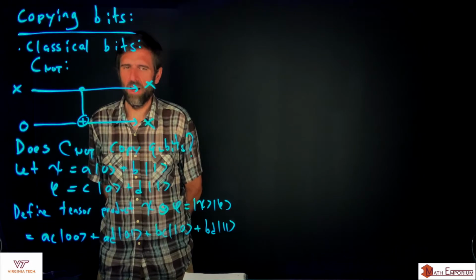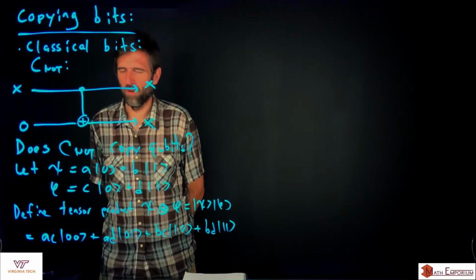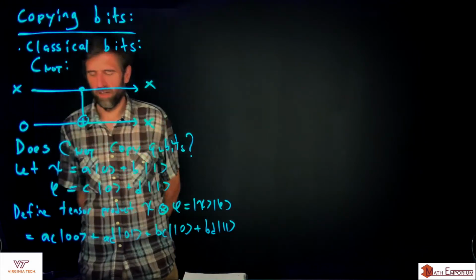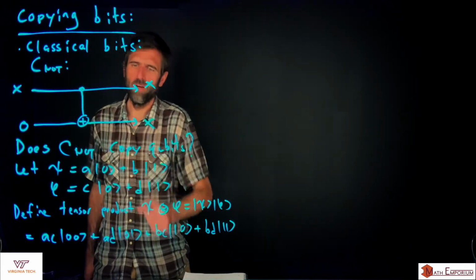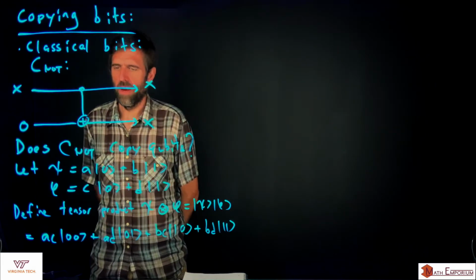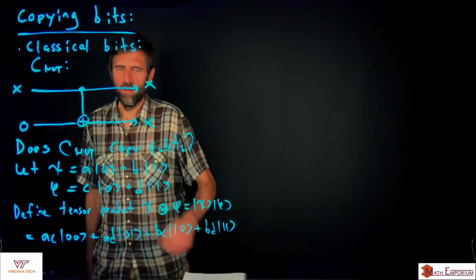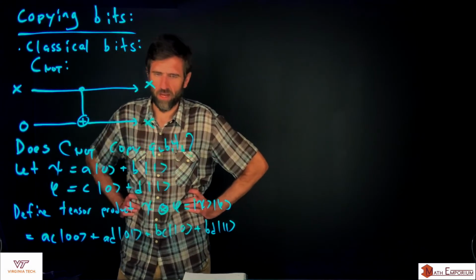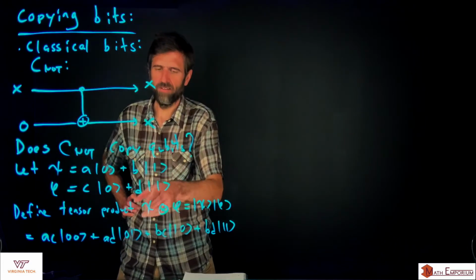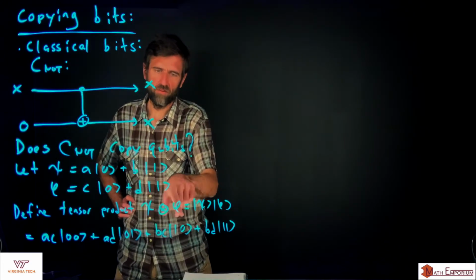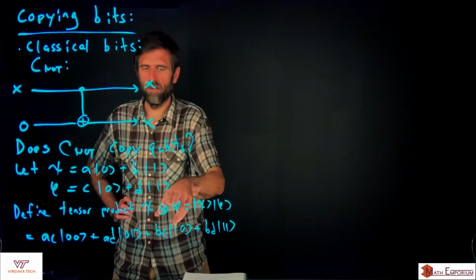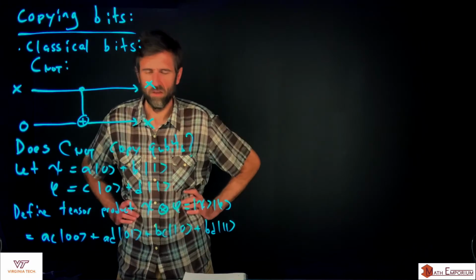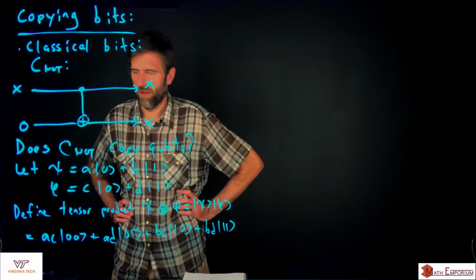And so for that, we're going to use the notion of tensor products. If psi is an arbitrary single qubit state, a0 plus b1, and phi is also an arbitrary single qubit state, c0 plus d1, then we'll define the tensor product of those two states, which we can write as psi tensor phi, or you'll sometimes write it just by juxtaposing those two qubit states.